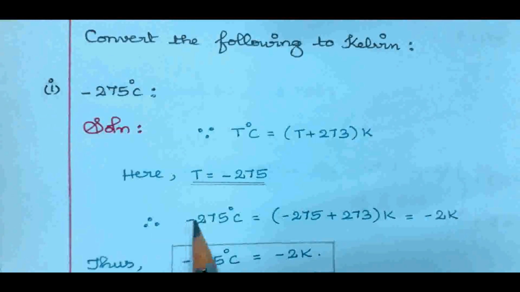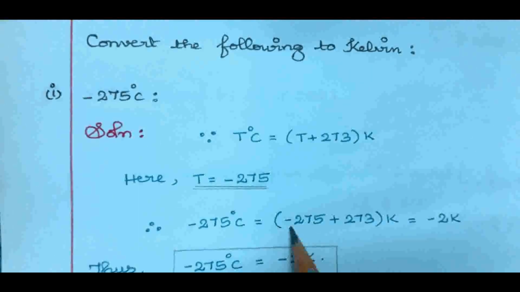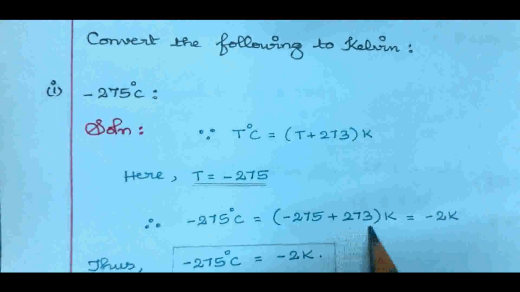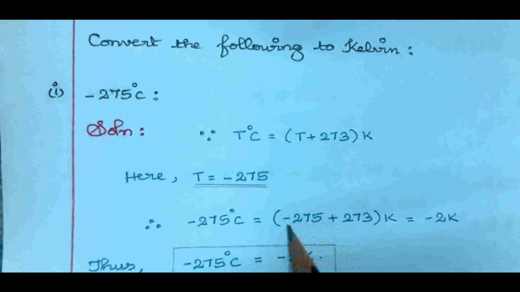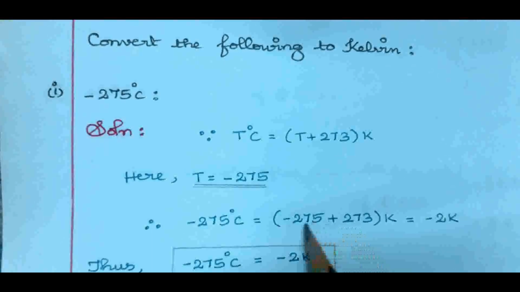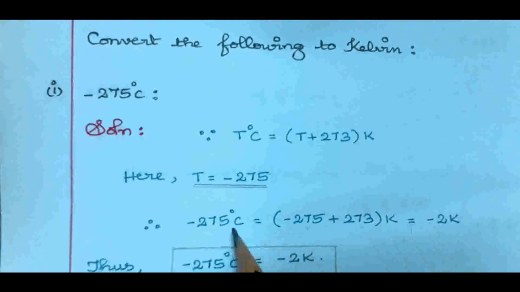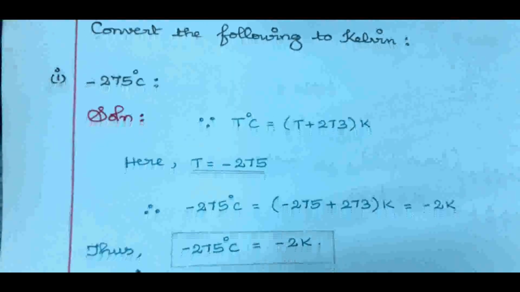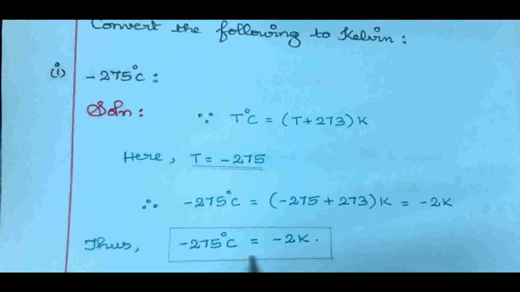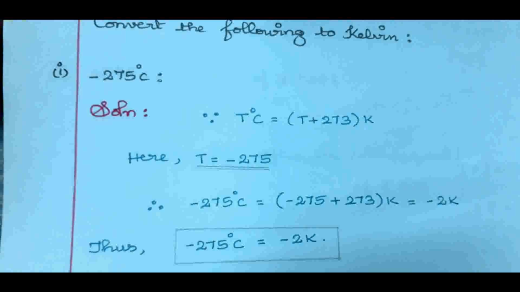Therefore, minus 275 degree Celsius is equal to, in the place of T we substitute minus 275 plus 273 Kelvin. Both the signs are different, so we have to subtract. 275 minus 273 is 2 and the biggest number sign is minus. So when the Celsius is converted to Kelvin, it becomes minus 2 Kelvin. Thus minus 275 degrees Celsius is equal to minus 2 Kelvin. Clear? This is the first part of the third question.